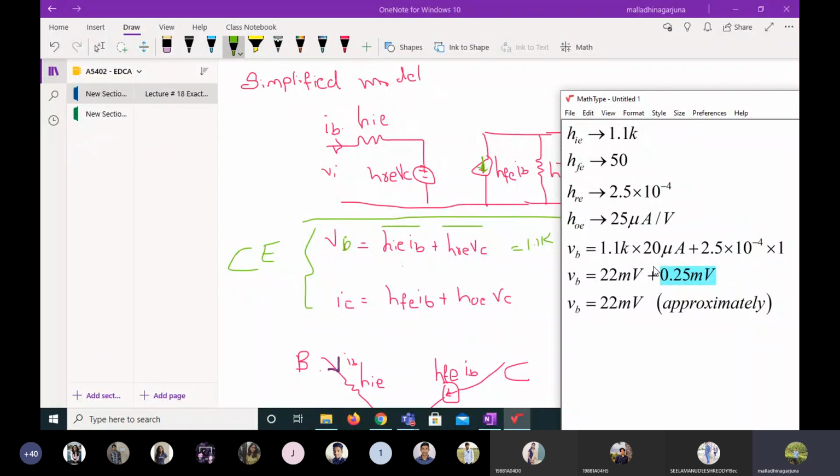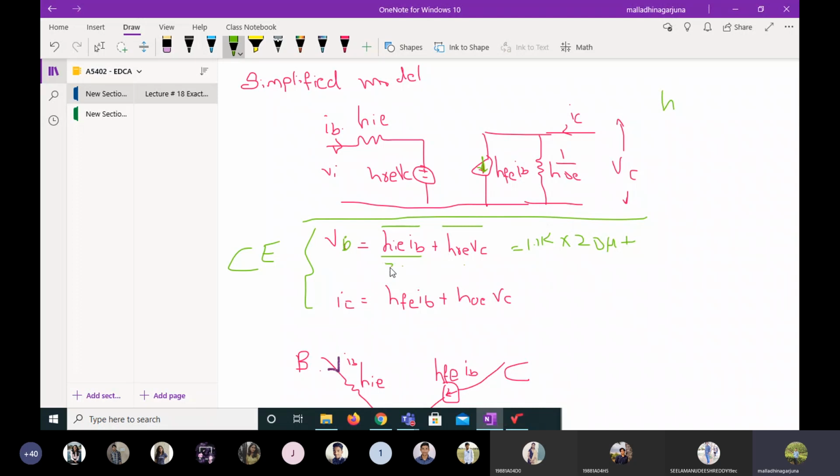Very nominal voltage is raised because of that. This is 22 millivolts, and this is 0.25, which is nothing but 1% of your 22. So you need not take this HRE into VC.